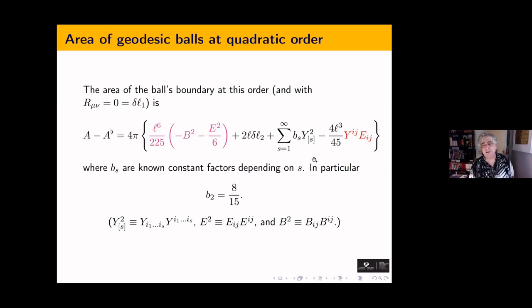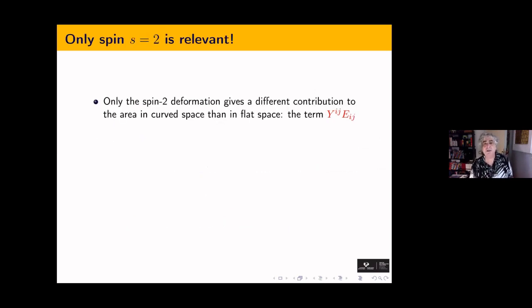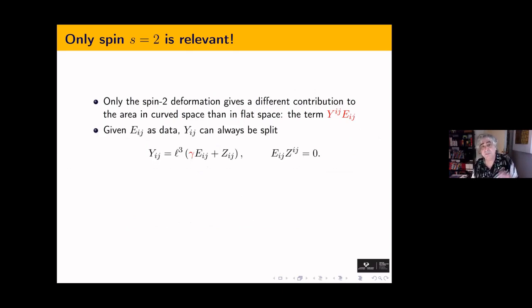So at this order, we cannot aspire to fix these other parts because they do the same in flat space-time as in curved space-time. So this is what I'm saying here. The spin 2 deformation gives a different contribution than in flat space.